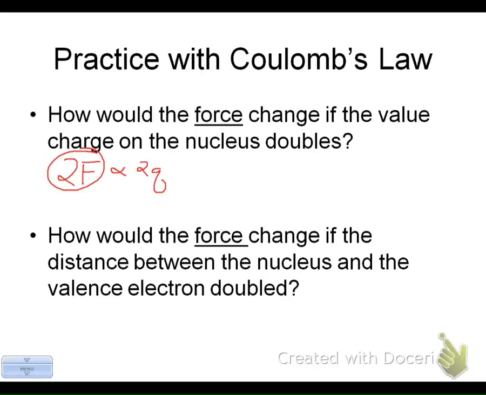In the second bullet, how would the force change if the distance between the nucleus and the valence electrons doubled? Well, this time, remember, the force is proportional to 1/d squared. So if I take that and I now have 1/(2d) squared, I'm doubling it.